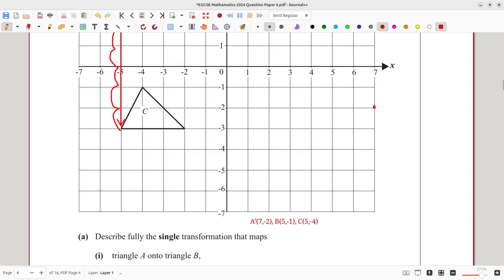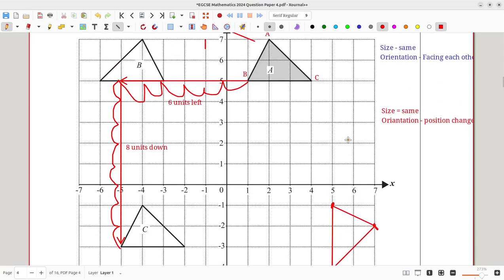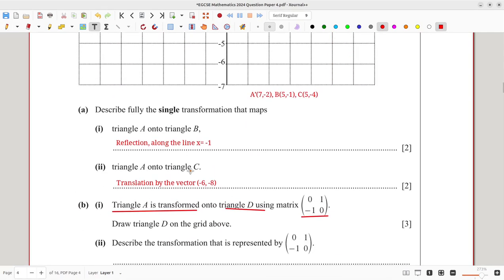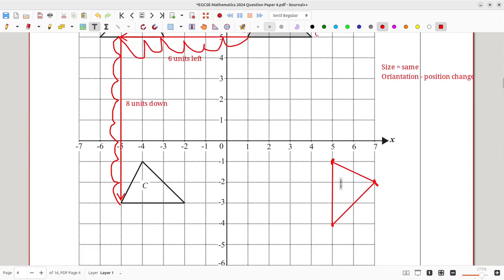This is the point here. And then the other one is (5, negative 1), this is the point here. And then the other one is (5, negative 4). It's actually here. Let me draw that. It's something like this. Nice one. That's the image. And then we were told to call this one image D. Just write D here.